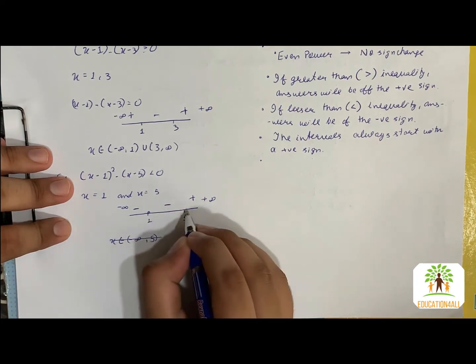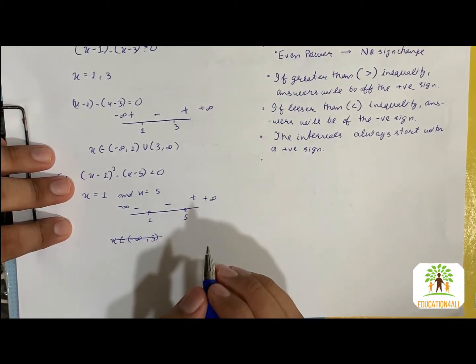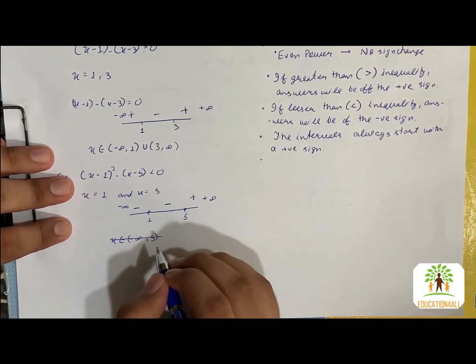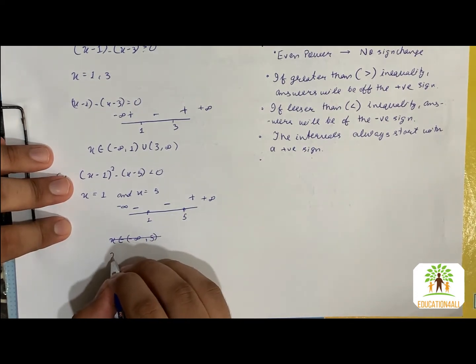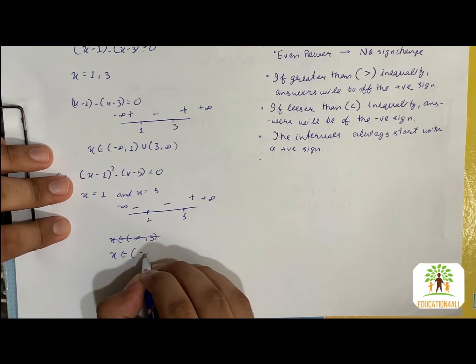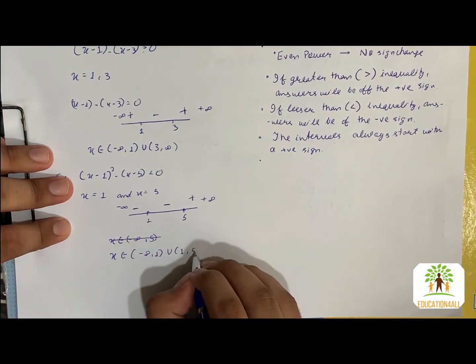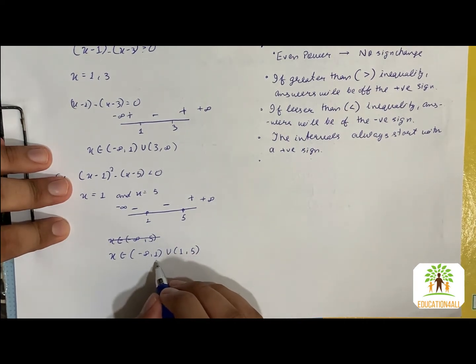The open interval means that in the answer we get, we cannot write the values x equals 1 and x equals 5. So, the final answer we will get is x belongs to (minus infinity, 1) union (1, 5). You must be thinking why we have not combined both of these.